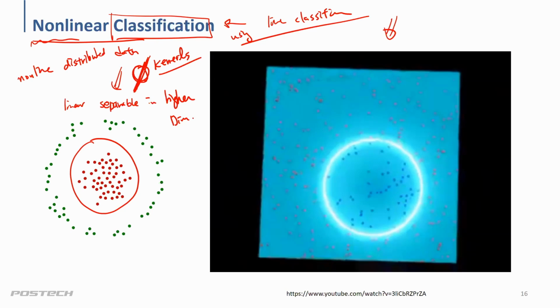We can find it, and once we have that, it's a linearly separable case, and the linear boundary, if you remap to the original space like this, looks like a nonlinear classifier in 2D space. That's how we solve nonlinear classification problems. So the key thing here is, how do you find the kernel functions?